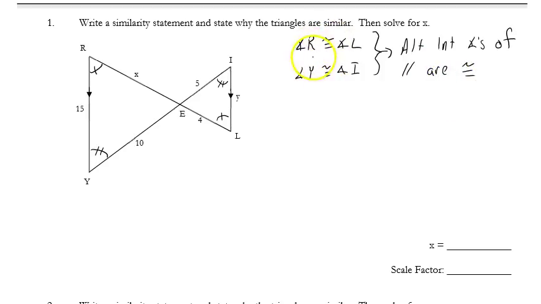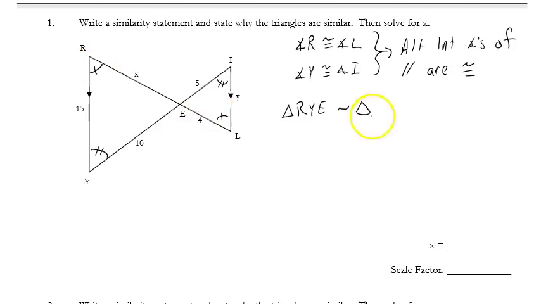Now I have two angle congruent statements. I can state that my triangles are similar. I'm going to name the first triangle, and it does not matter which way I name it. Triangle RYE is what I'll do. It is similar to triangle... It does matter how I name the second. Just like with the overlapping triangles yesterday, make sure you match up your corresponding congruent angles.